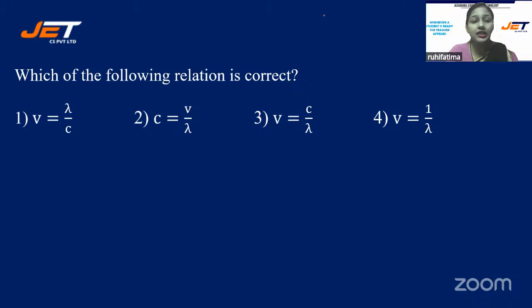First of all, let me tell you, V over here is frequency, lambda is wavelength of light, and C is velocity of light. Okay, students, so what is the correct relation? Frequency is equal to wavelength upon velocity of light, or C is equal to V upon lambda, V is equal to C upon lambda, or V is equal to 1 upon lambda.